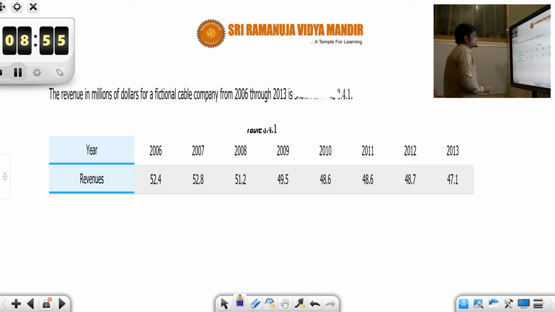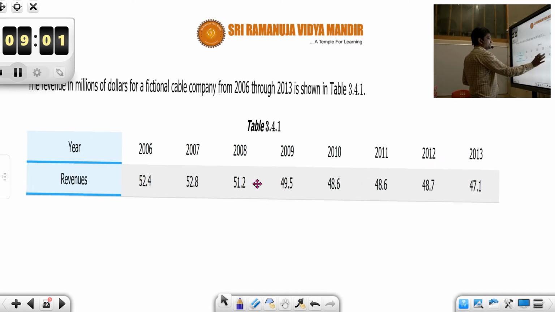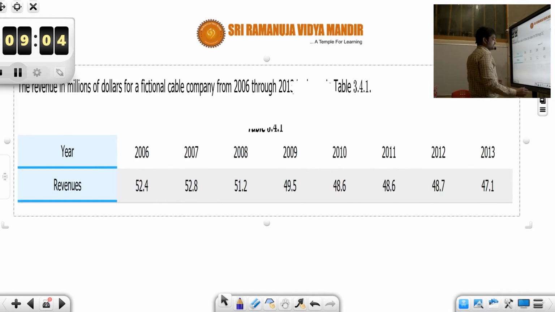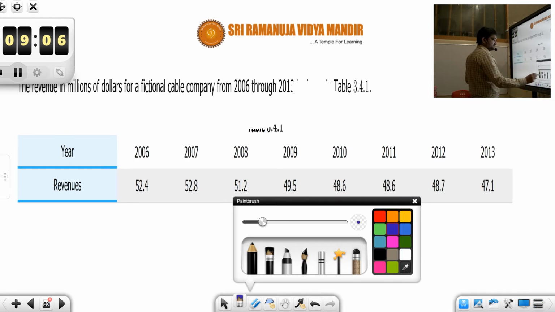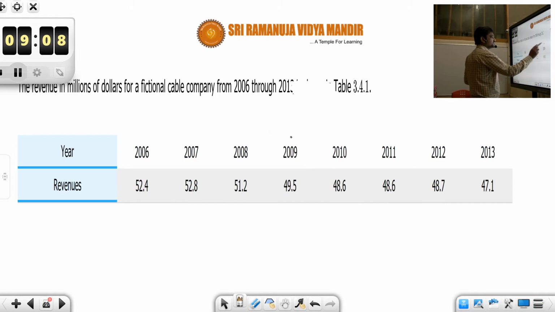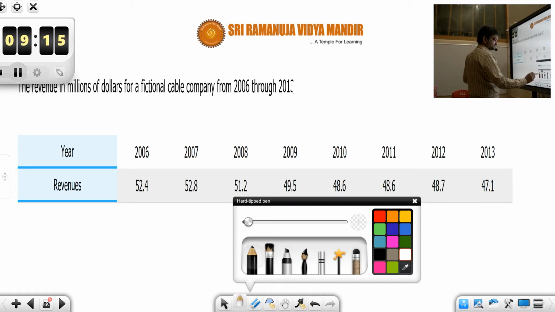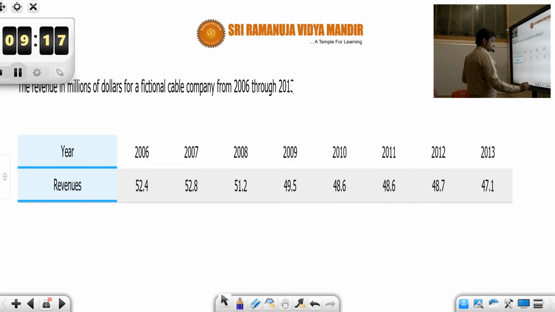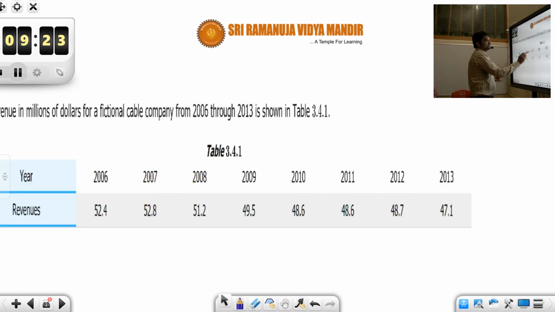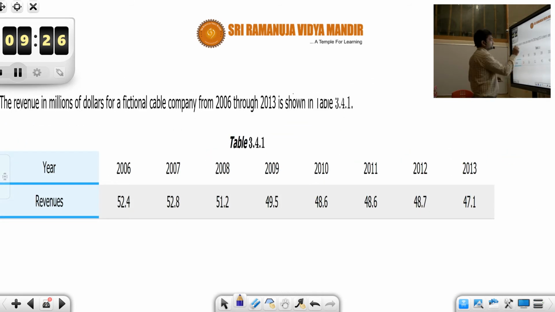Students, firstly, see this is revenue in millions for a fictional cable company. What does it mean is, see, some data is given, the revenue in millions of dollars for a fictional cable company.